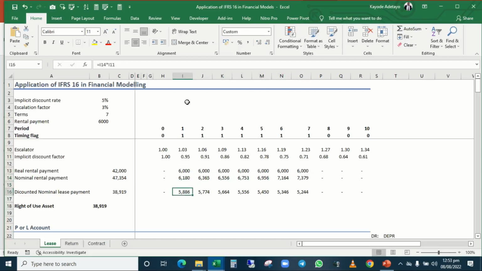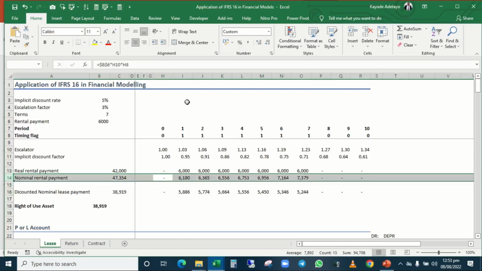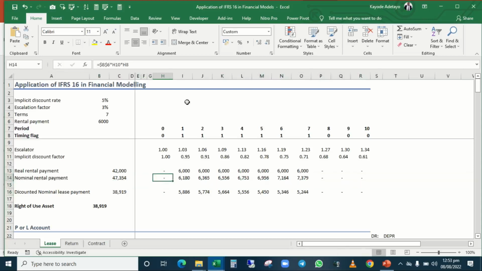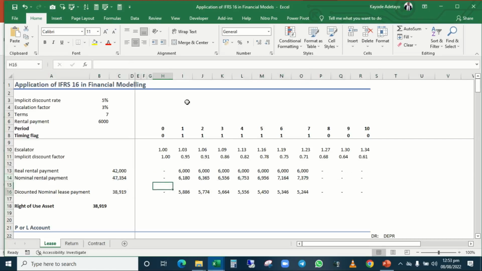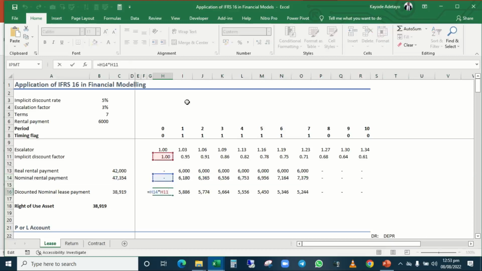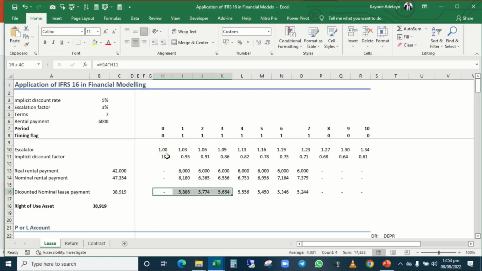So then we have the discounted nominal lease payment. This is the value that we want to discount now, because the company is actually going to be facing inflation, and we have been able to project inflation into it. So the nominal lease payment is multiplied by the discount factor that we've got here, and that gives us all these values, which occur in the period of the lease.